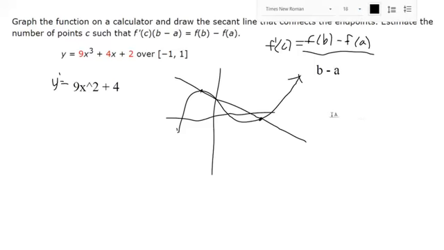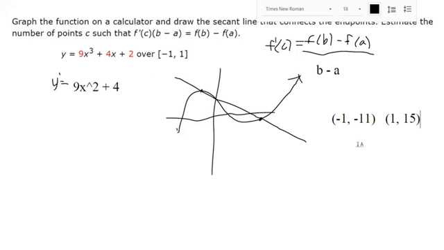So we've got an x-coordinate of -1. The corresponding y-coordinate, if you were to plug -1 into this original equation, is -9 plus -4 makes -13. -13 plus 2 makes -11. So there's one y-coordinate. And then to find out the y-coordinate that corresponds with x equals 1, we're plugging in 1 into the function. So we got 9 plus 4 is 13. 13 plus 2 is 15.